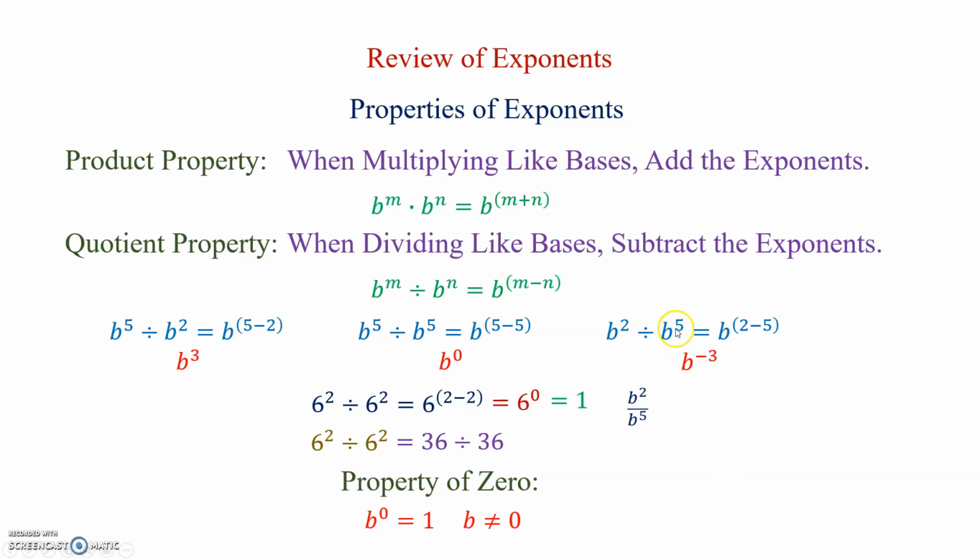If I look at this problem here, and I rewrote it as a fraction as opposed to a decimal, it still says the same thing: b squared divided by b to the fifth. If I put each of the bases in expanded form, I would get b to the second, which is b times b, and b to the fifth, b times b times b times b times b.